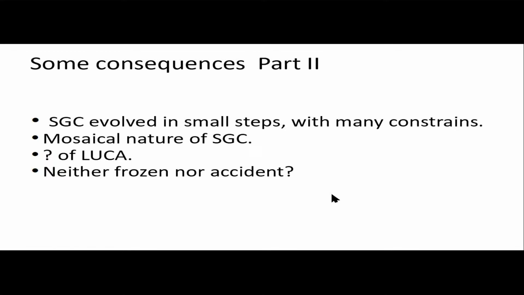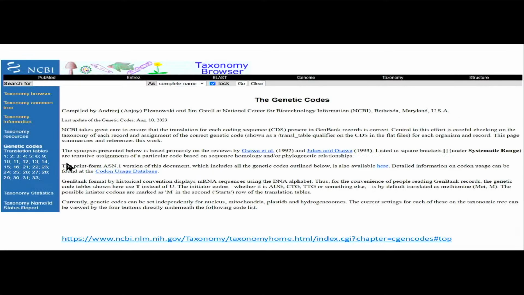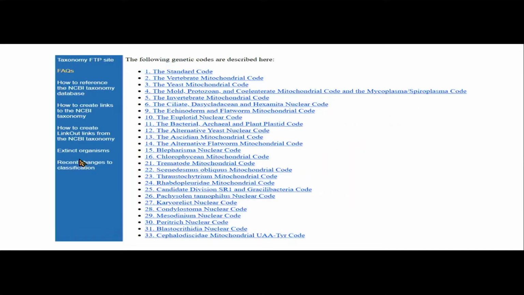So, one of the assumptions is that the code evolved in small steps, a mosaic structure. There are some questions: is it frozen, accidental, or what is going on with LUCA? And now we investigated it for all 33 possible codes.